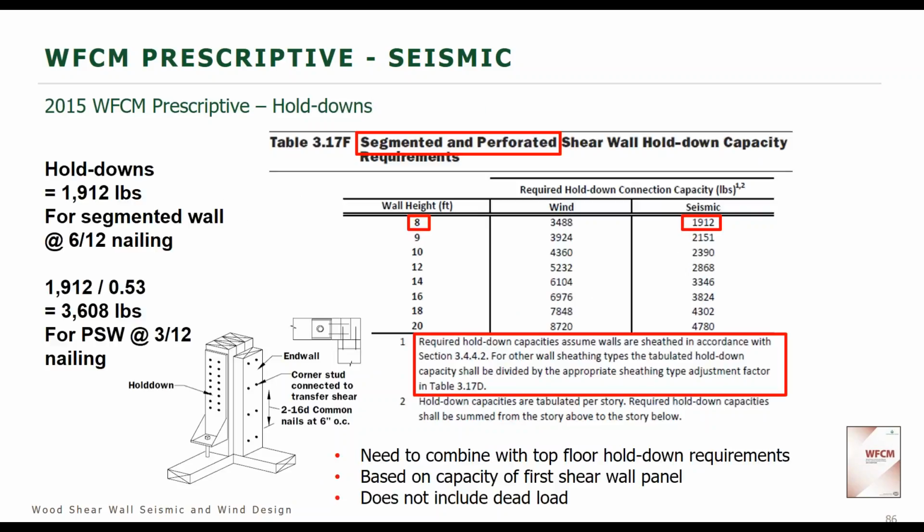The hold downs are calculated exactly the same based on the capacity of the shear wall, as Lori mentioned. And no dead load is taken into account when analyzing this capacity of the hold downs.